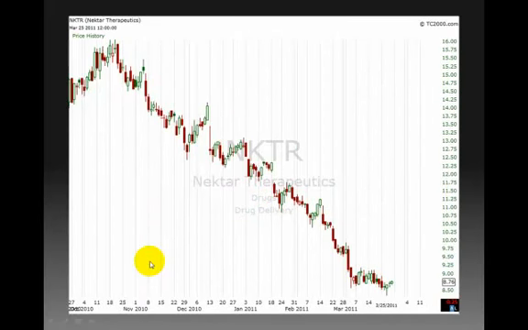Okay, we're looking at a chart of Nektar Therapeutics, and we see an obvious downtrend, but where do we get in? Where do we find the patterns that are exhibiting the continuation down? Let's draw our obvious trend line here. We've got a nice trend line coming down, and you can see that every time the price hit this trend line, we had a reversal pattern, or a continuation pattern, continuation down.